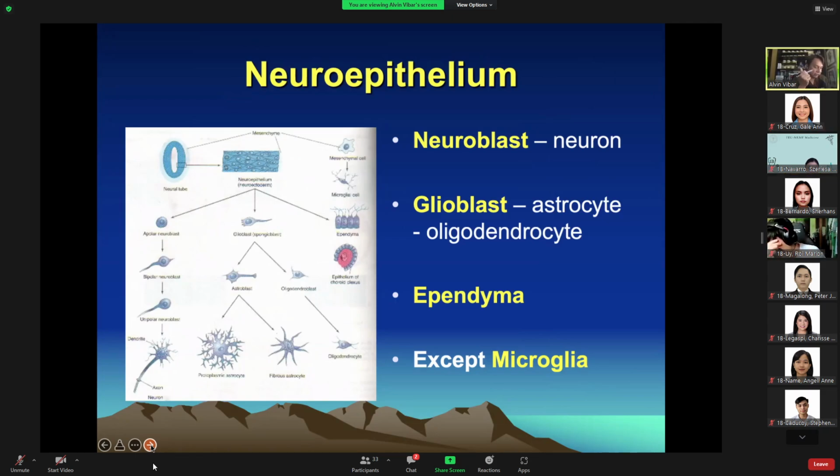What is the phagocytic cell in the lungs? Dust cells. Dust cells, alveolar macrophages. Macrophages, pwede. Tama? But when you see it again at the nervous system, we call it microglia. Are we clear po? Okay, very good.